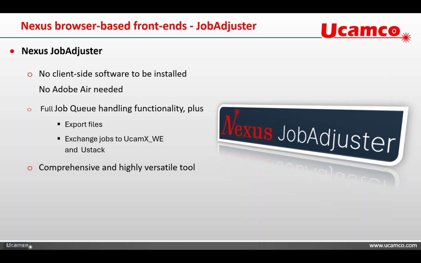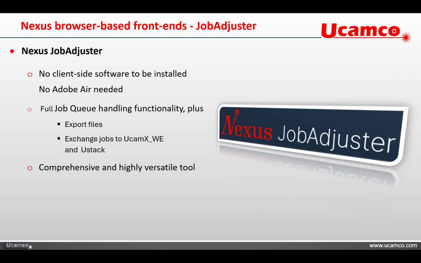This one has a couple of extra functions in the job queue handling functionality, and that is, of course, the exchange with UCAMXWE and UStack, as we already said, but also the exporting of files. If you have an output, I don't know, DPF or ODB of the original job or the rebuild job, normally this is part of the process.